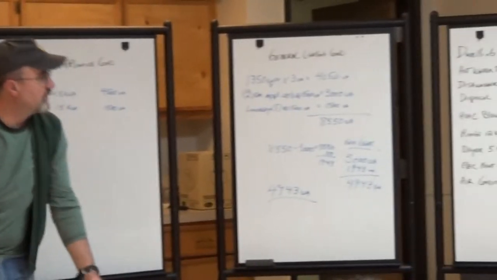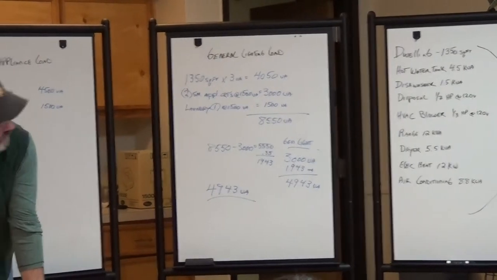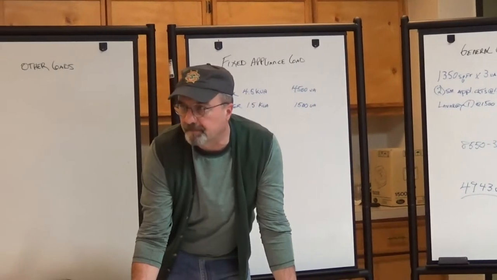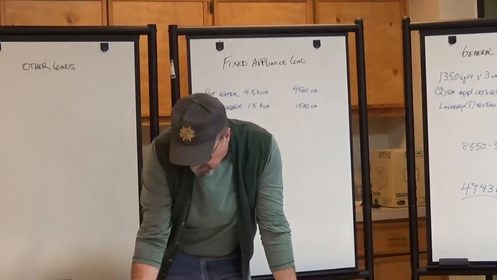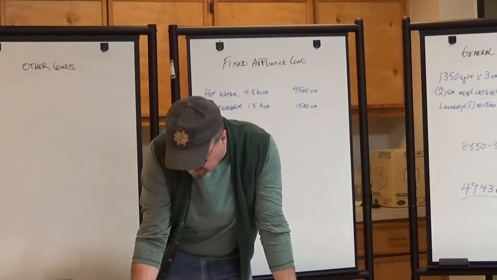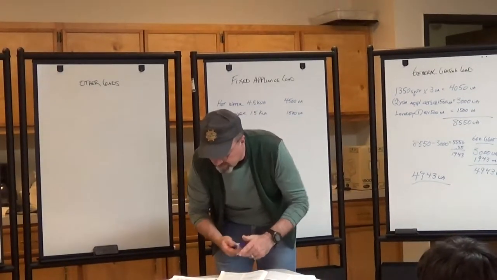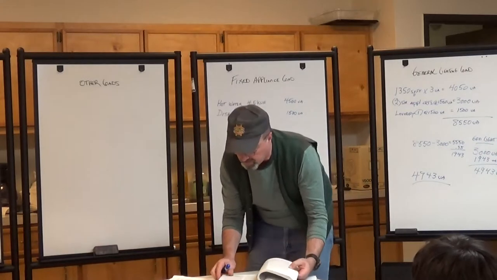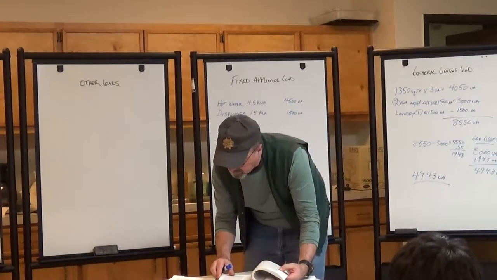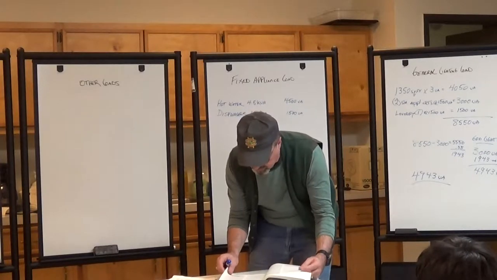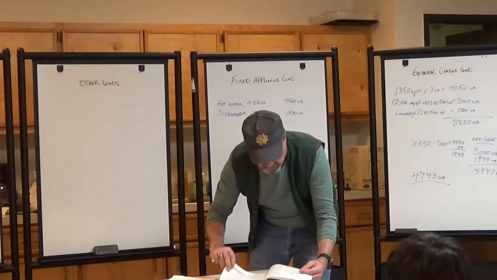Disposal? Okay. Now, we don't know what the VA is for the disposal though, right? So what we're going to have to do to find the VA for the disposal is we go to 430.17, in Article 430, that talks about motors, okay? So we go to 430.17 in your NEC.